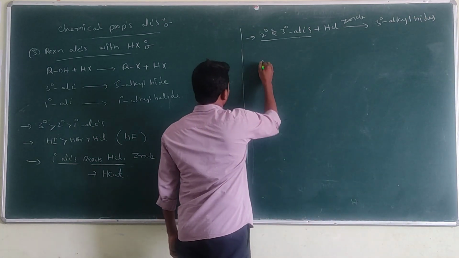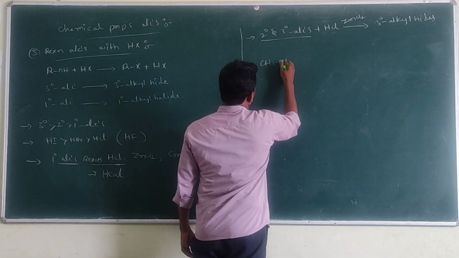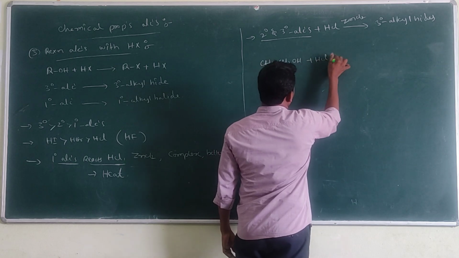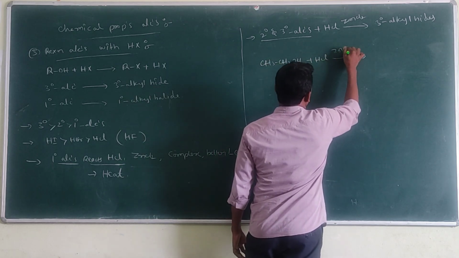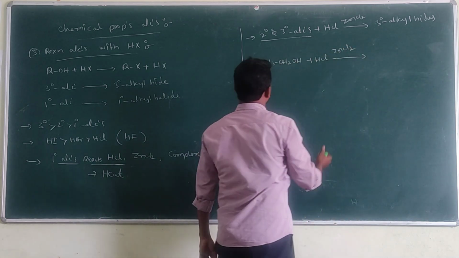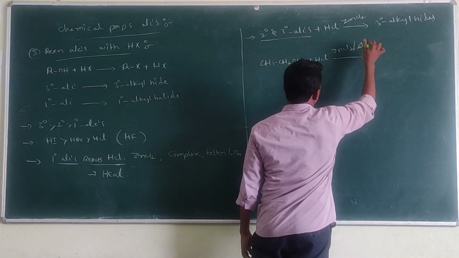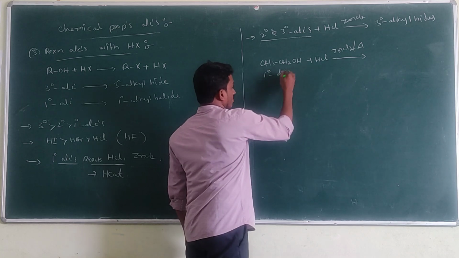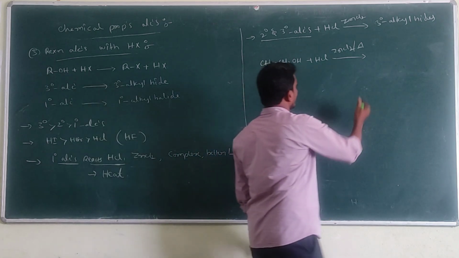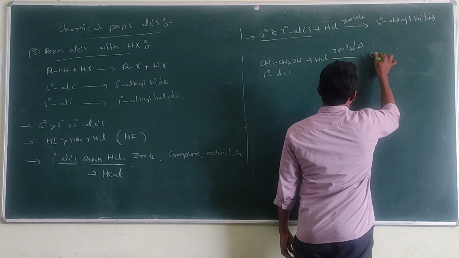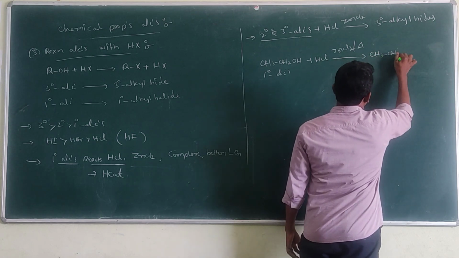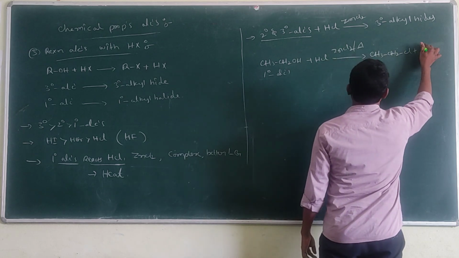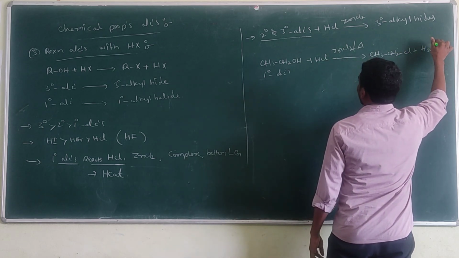For example, the reaction of ethyl alcohol with hydrogen chloride in the presence of zinc chloride, and some heat is also required because the alcohol is primary. It will give ethyl chloride and water.